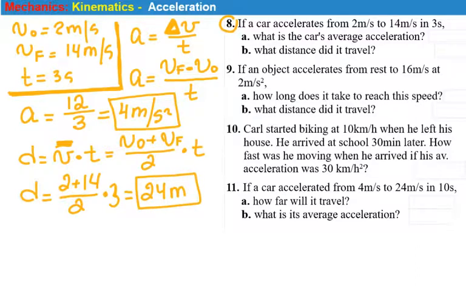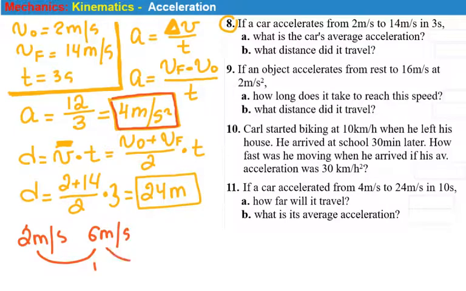Let's look at what acceleration means. So if you start with initial velocity of 2 meters per second, and your acceleration is 4 meters per second each second, so each second your velocity increases by 4 meters per second. So in 1 second your velocity is 6 meters per second. In 2 seconds your velocity is 10 meters per second.